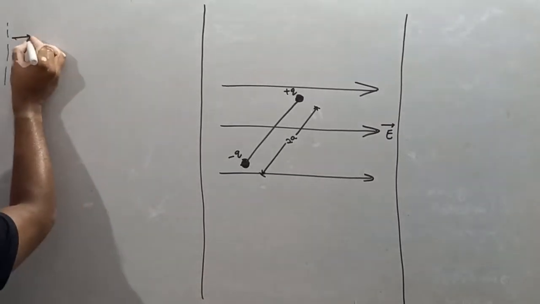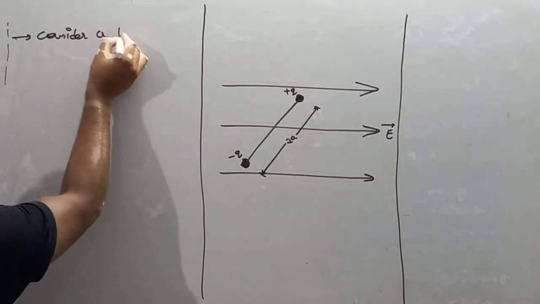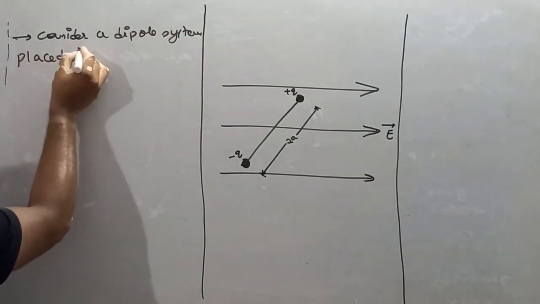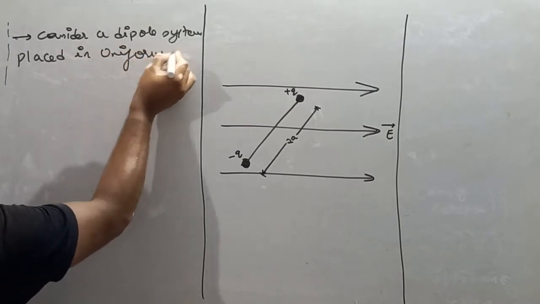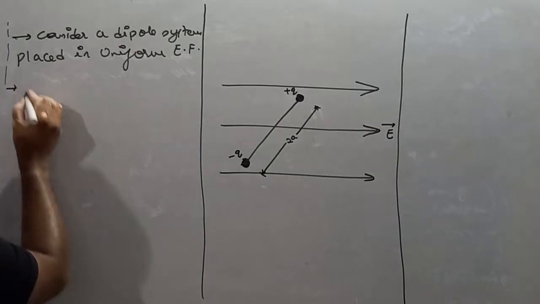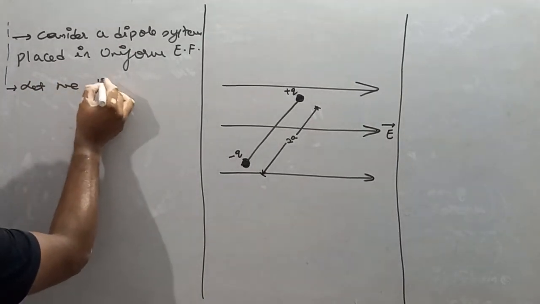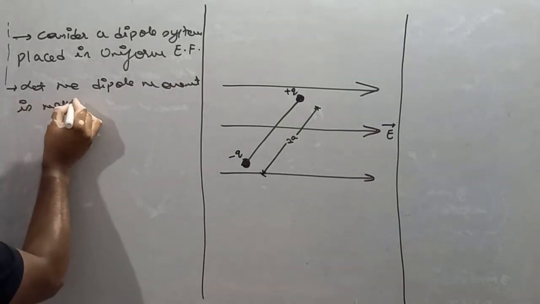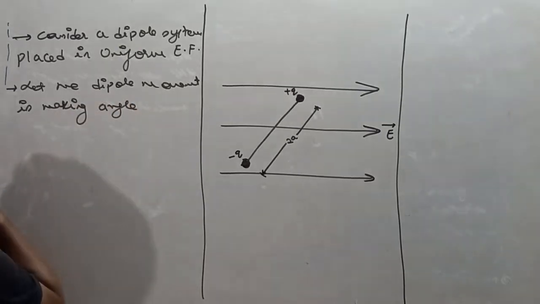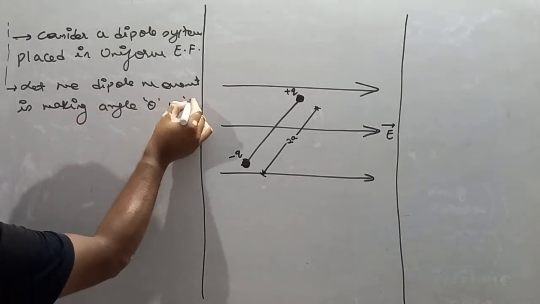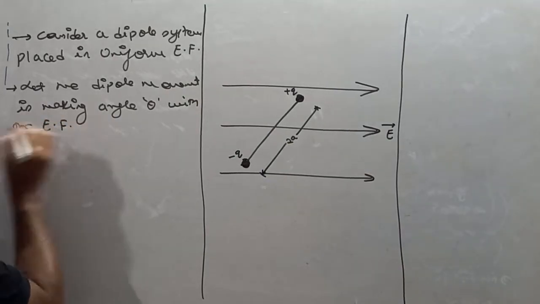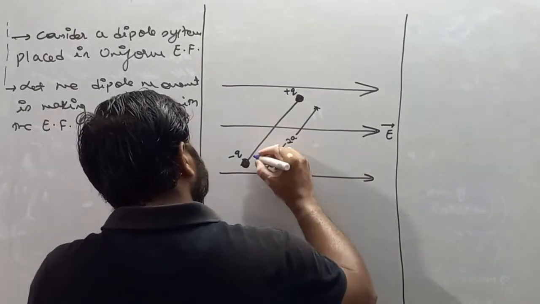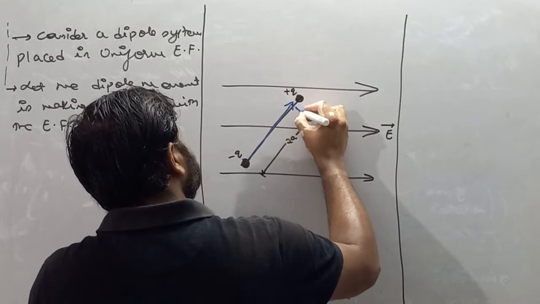So I'll write here, consider a dipole system placed in a uniform electric field. First point. Second point, let the dipole moment be making angle theta with the electric field. And we all know, my dear student, that the direction of dipole moment is always from negative to positive.